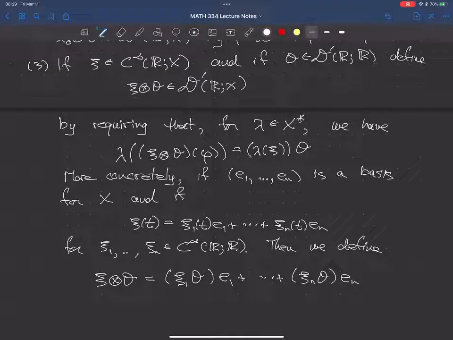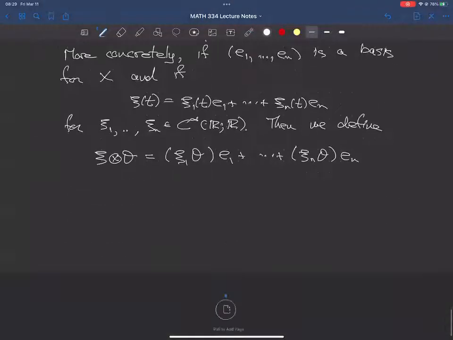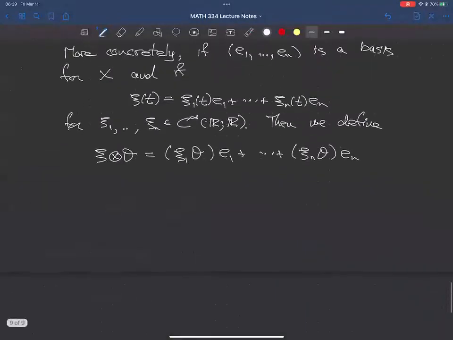Okay, so the final bit of stuff that I need is, let me get my numbering correctly.